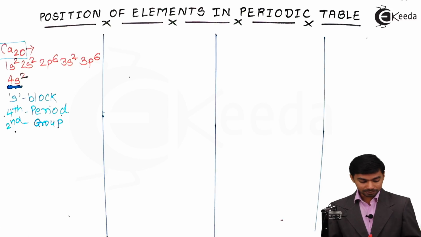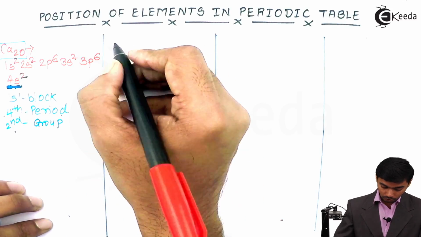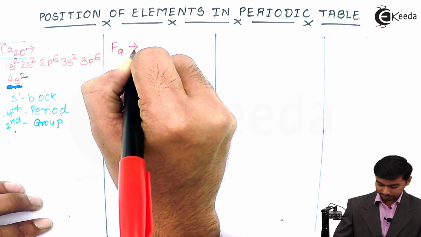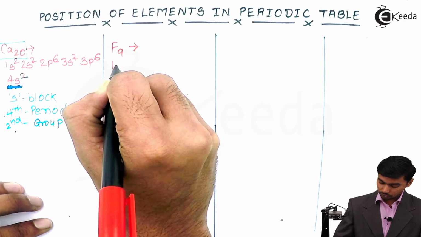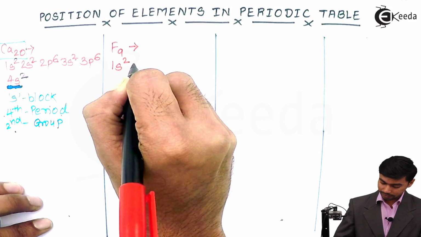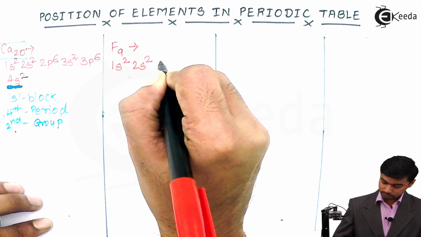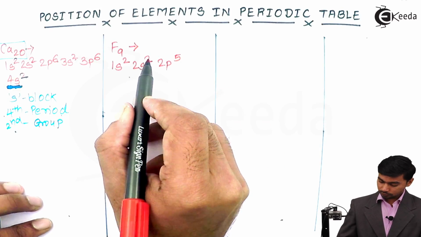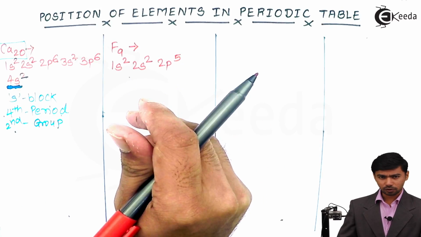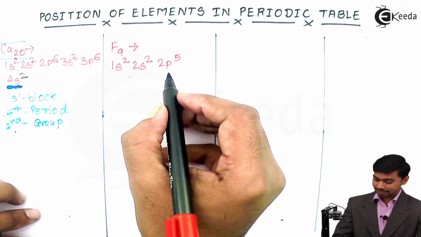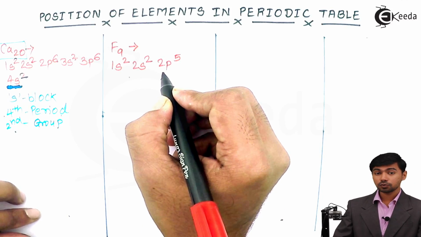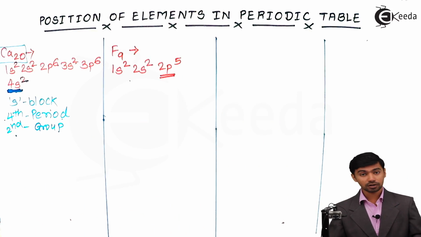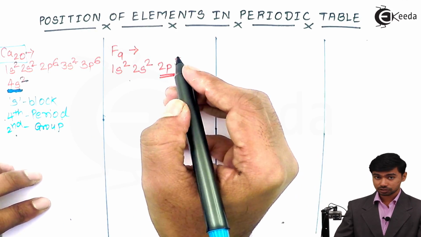Like that, let us take an example of fluorine. Fluorine has atomic number 9. So we can write the electronic configuration as 1s2, 2s2 and 2p5. 2 plus 2, 4, 4 plus 5, 9. Electronic configuration over. Just from this electronic configuration, we can comment that the last electron is entering the p subshell.